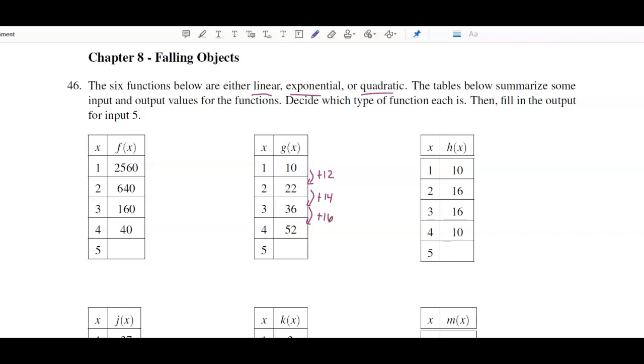So the first change on this is not constant. But if we look at our second difference, that's adding 2 and adding 2. So when we have the common second difference, then that means it's going to be quadratic.